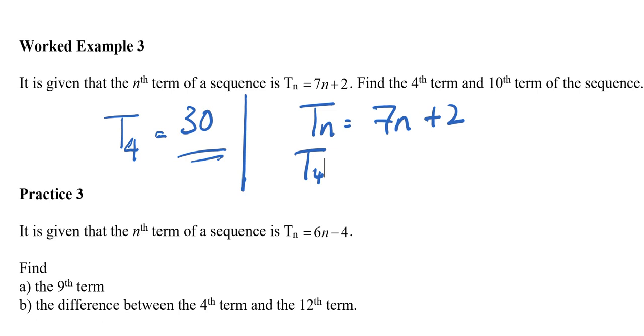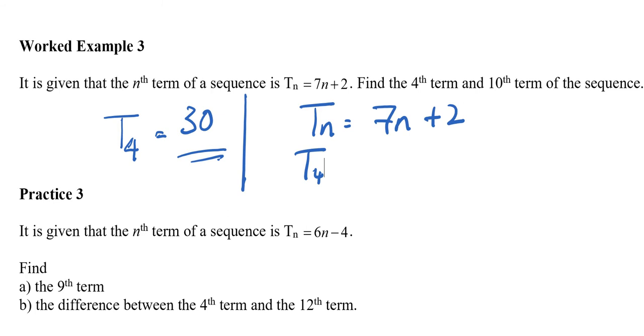Okay, let's try and understand this. You're going to echo what I say. Now, look over here. This is Tn equals to 7n plus 2. Now, what does T4 mean?